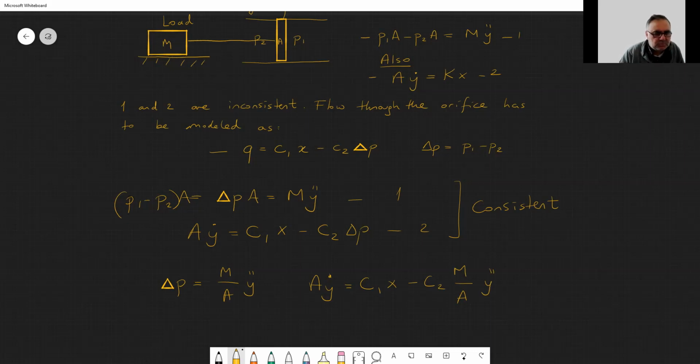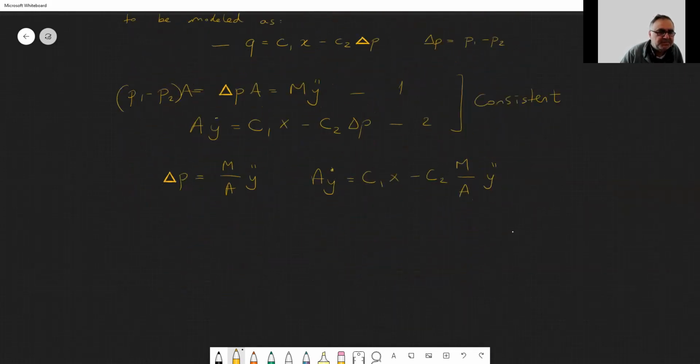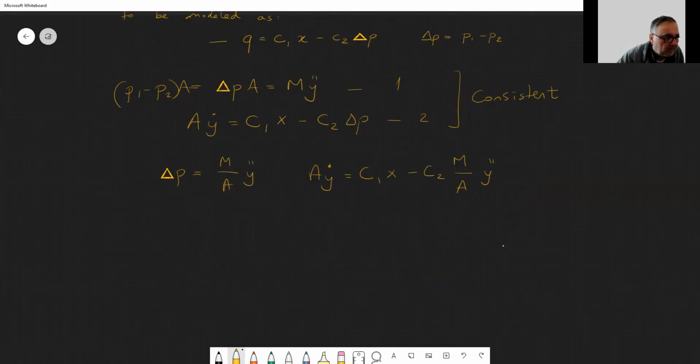Collect the y terms together. C2 M over A y double dot plus A y dot is equal to C1 x. C1 and C2 are constants, okay? So this is a more complex model.